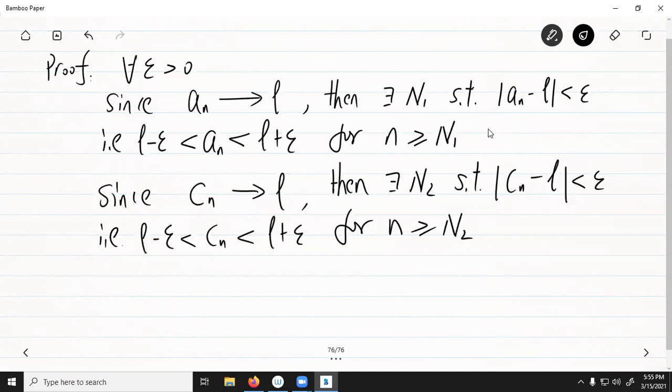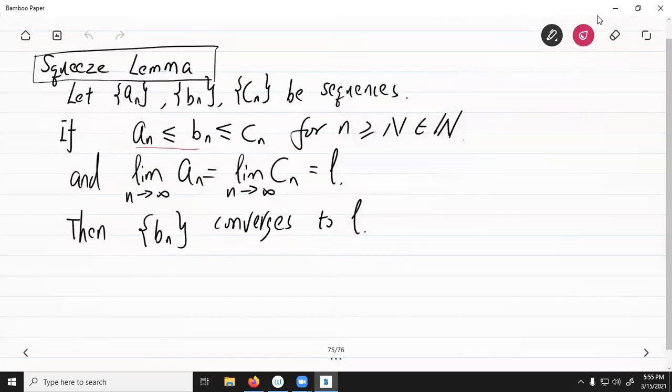Okay. So the next idea is we want to show that b_n is also between L minus epsilon and L plus epsilon when n is large enough, greater than some constant N, right? So in other words, we need this inequality to be true and this inequality to be true at the same time, simultaneously.